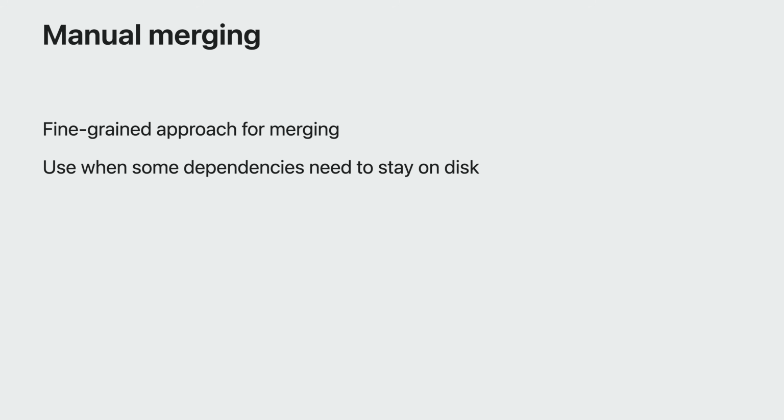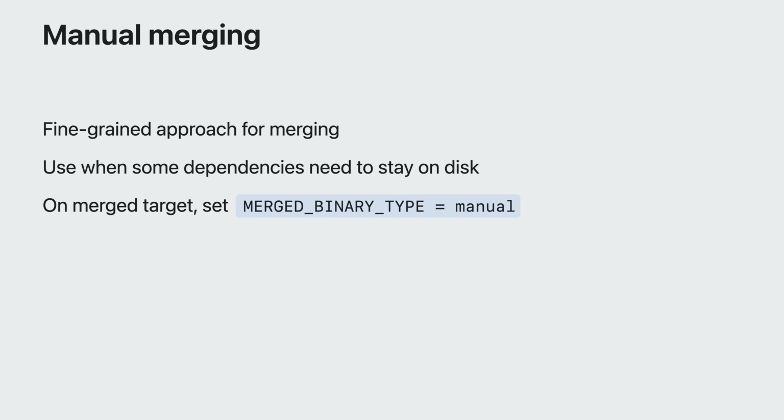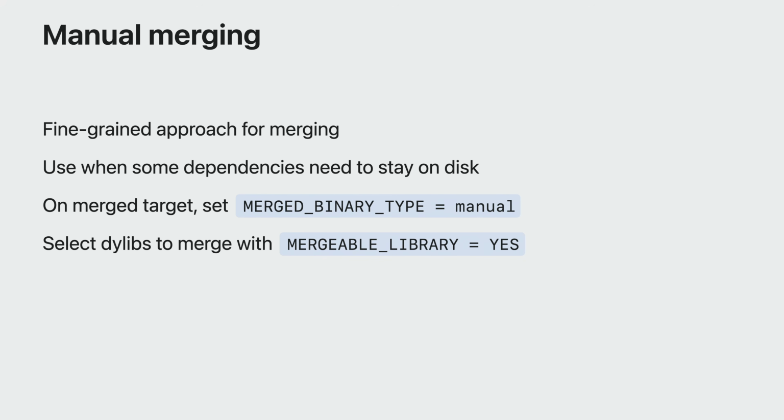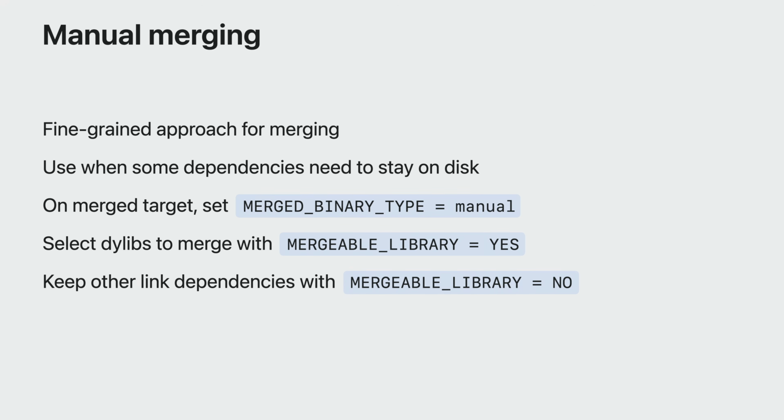I'll expand on this later when discussing considerations. It is enabled by setting merged binary type equals manual on the overarching target. The libraries that should make up the final merged product are recognized by setting mergeable library to yes. And for libraries that should stay on disk, keep the default setting of mergeable library to no.